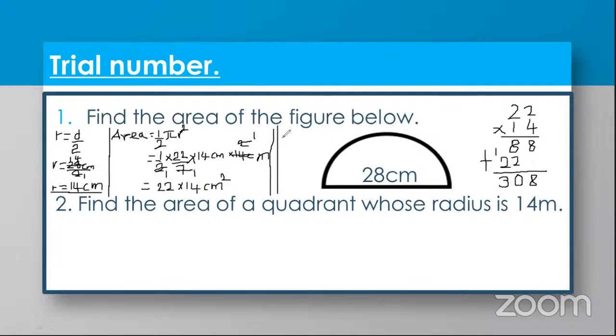So what is the area? Area is equal to 308 square centimeters. Let me write it like this, squared centimeter.